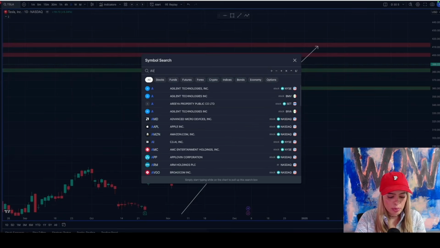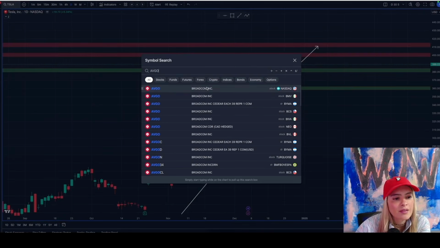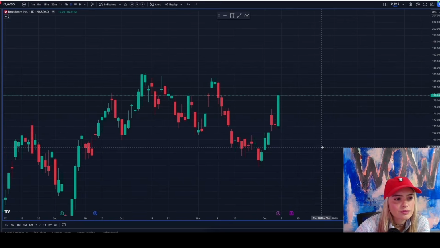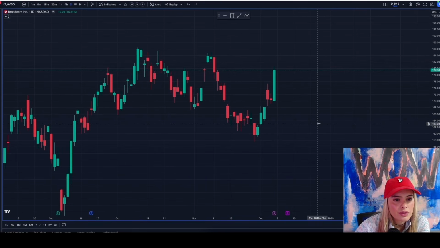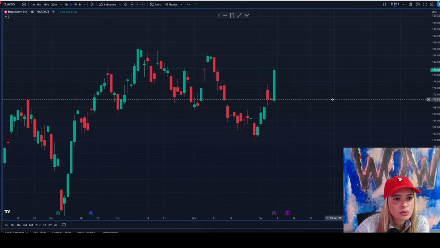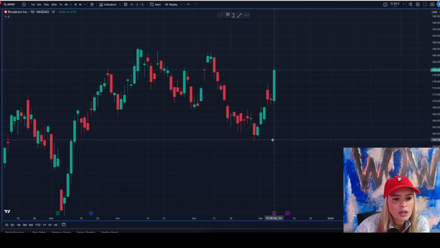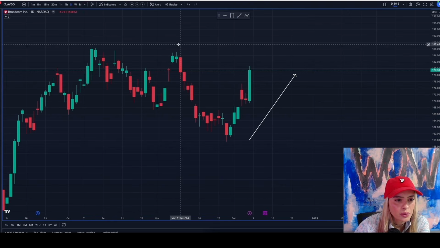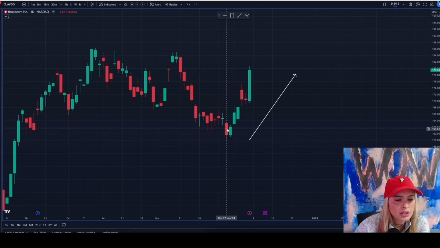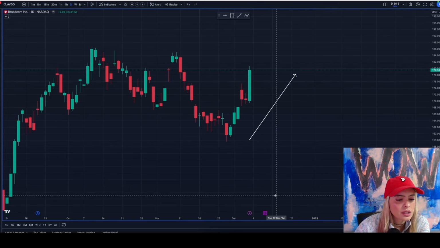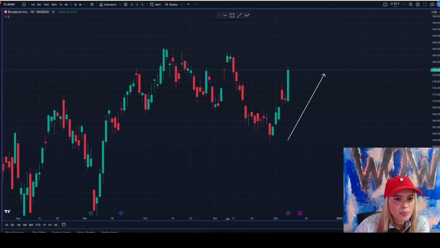Let's see Broadcom. Okay, very strong bullish move here. Clean uptrend. It was in a very strong downtrend, and then we can see here how it changed direction. Is this the all-time high on Broadcom? Yep.